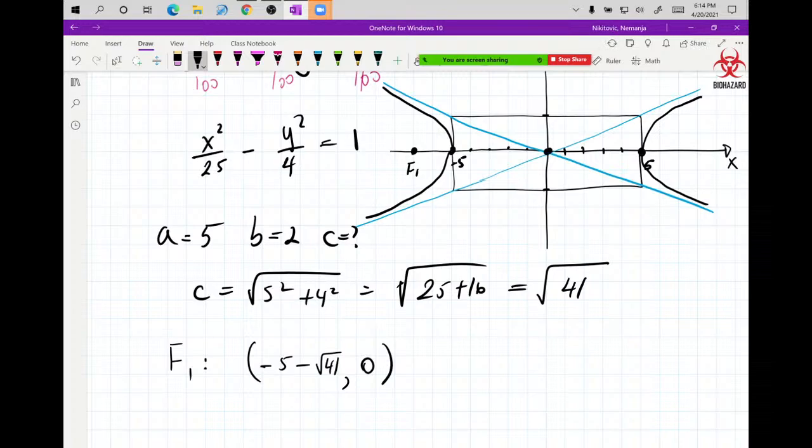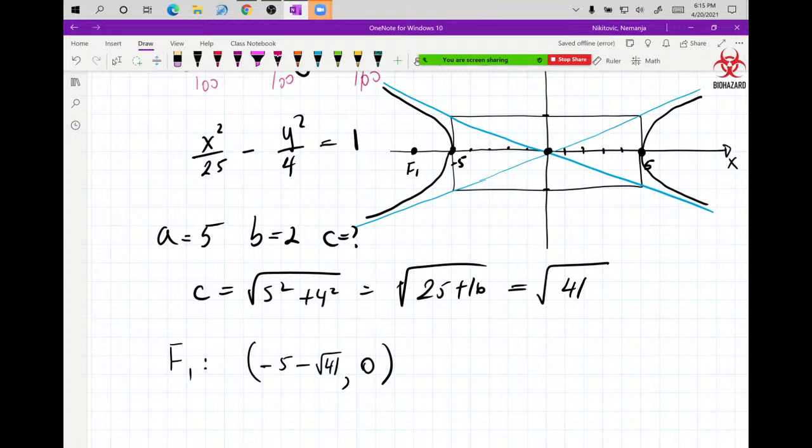Because from the center to -5 you have your a value, which is 5, but we have to put -5 because it's -5 on the graph. And then, since this is negative, you need to subtract the square root of 41 so they can add together and have this larger negative number. So -5 minus root 41 comma 0 is a point, is a location.